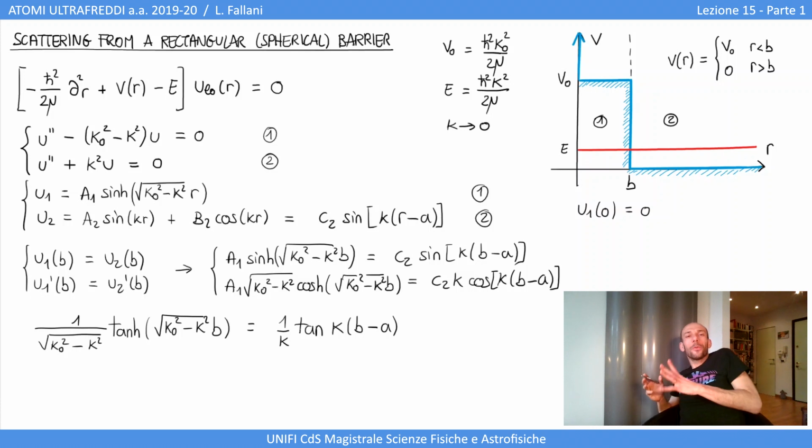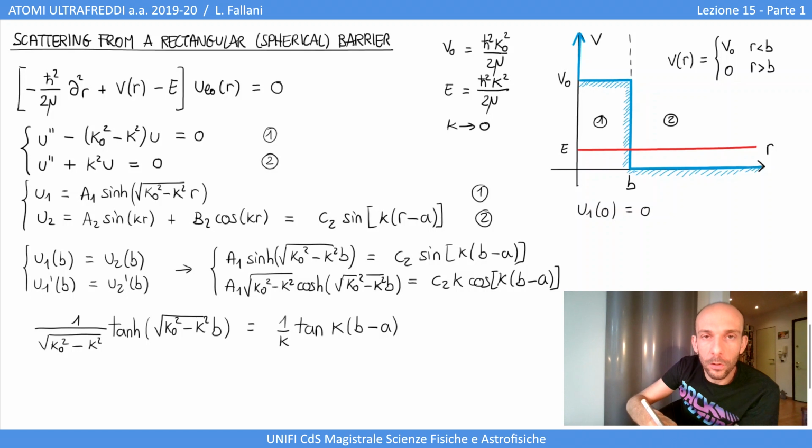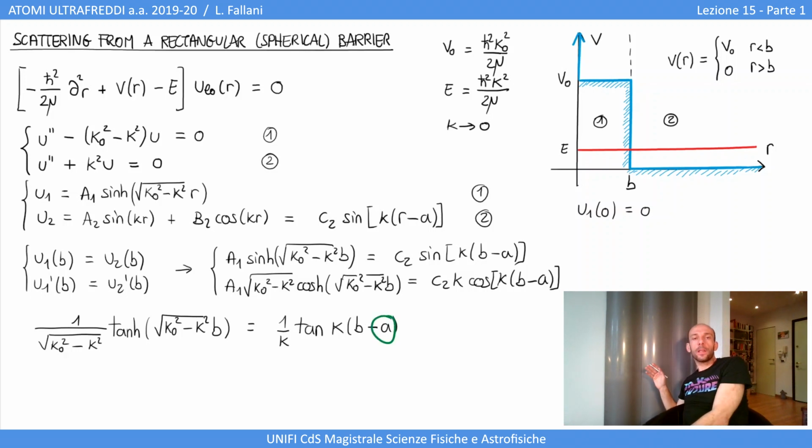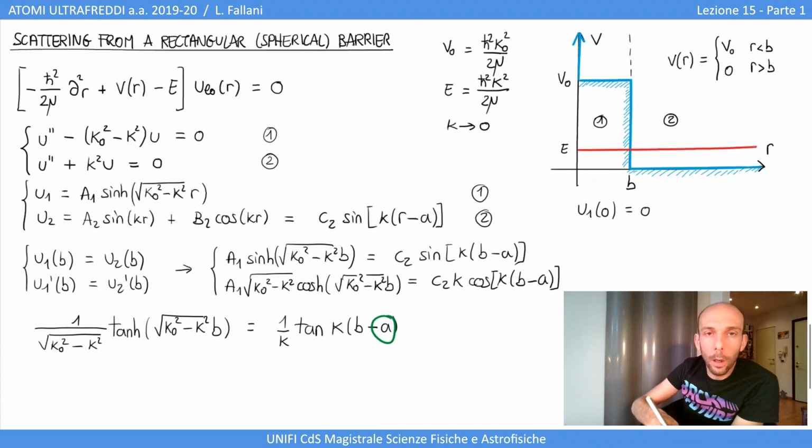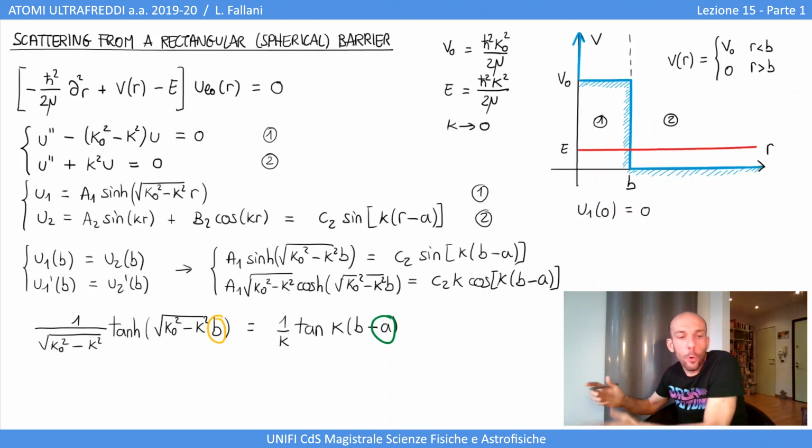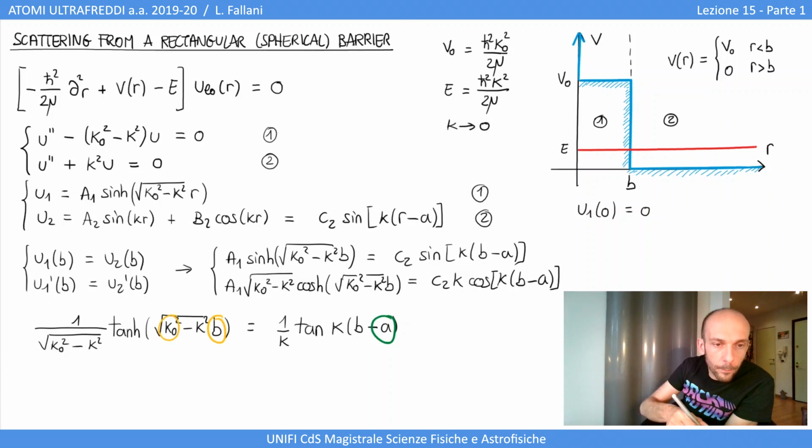And so now you see that we are very close to the result, in the sense that this expression becomes an equation for a. So this is the solution that we want to find, and you see that we know all the other parameters, because we know b, so we're supposed to know the potential. So we know b, we know k0.